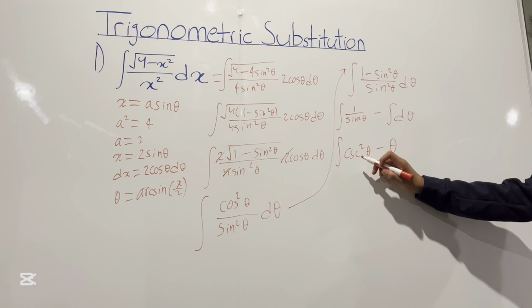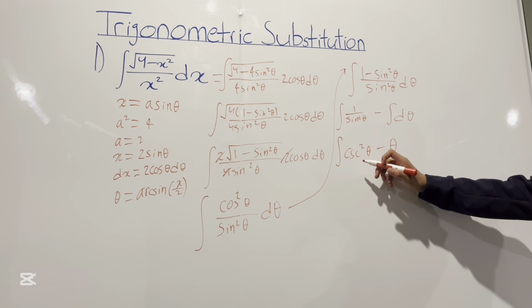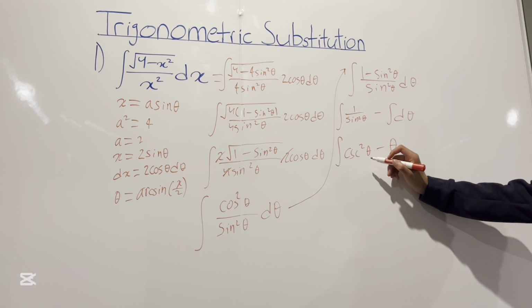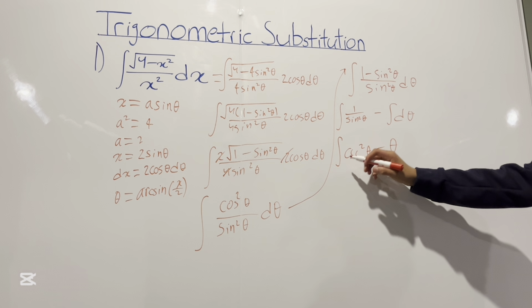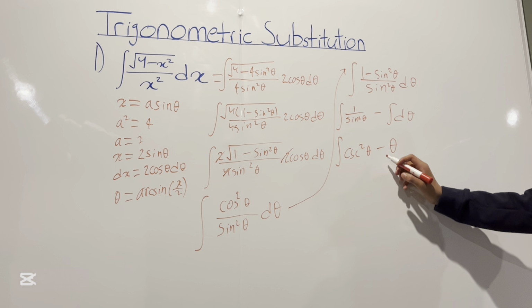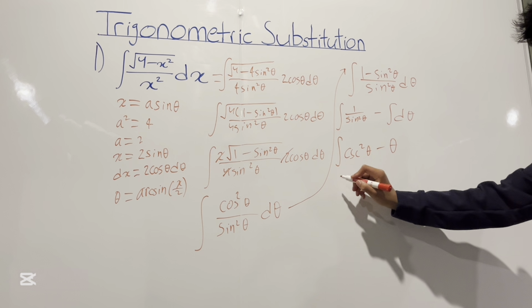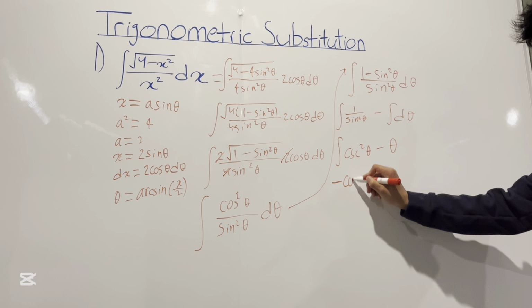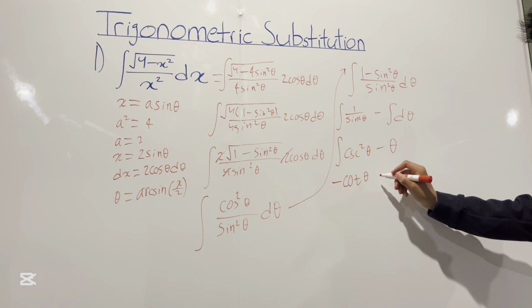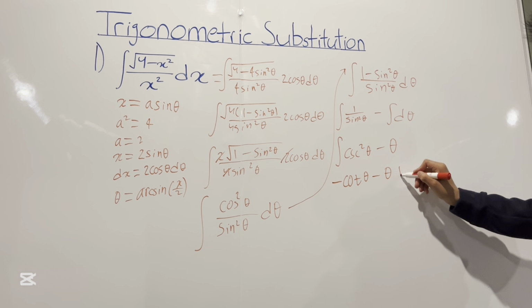The derivative of cotangent theta is negative cosecant squared theta. But since we're looking at positive, the cotangent has to be negative. So this is just going to equal negative cotangent theta minus theta plus c.